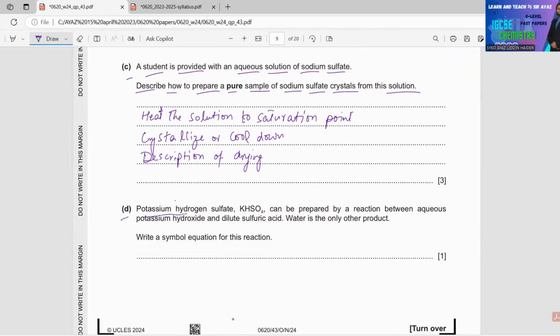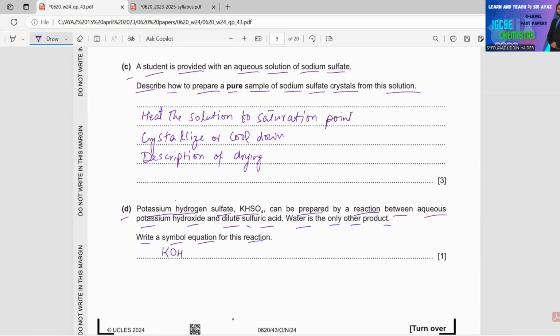D. Potassium hydrogen sulfate, KHSO4, can be prepared by a reaction between aqueous potassium hydroxide and sulfuric acid. Water is the only other product. Write a simple equation for this reaction. The reactants are sulfuric acid and potassium hydroxide. You know the formula of potassium hydroxide? It's KOH. K is in group 1, OH carries a -1 charge.